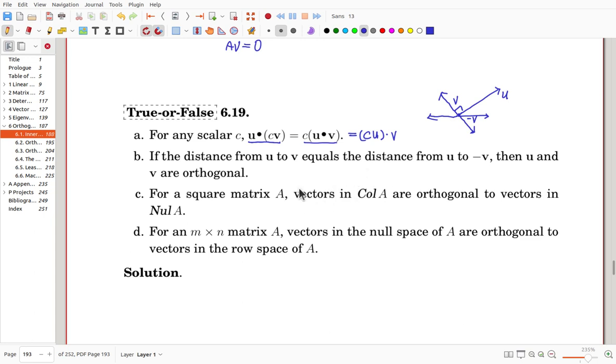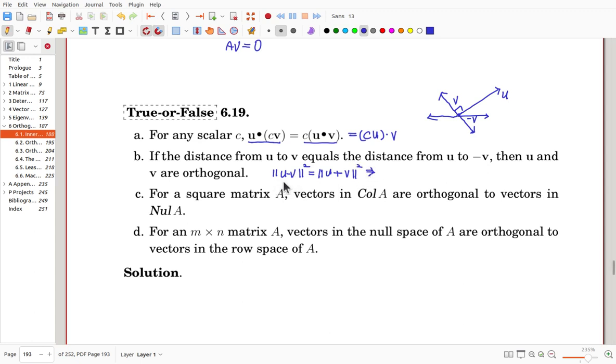Now algebraically, the distance from u to v is the norm of u minus v. That is the same as the distance from u to minus v, which is the norm of u plus v. Once that is assumed, we have to show u and v are orthogonal. Even if we square both sides, they will be the same.